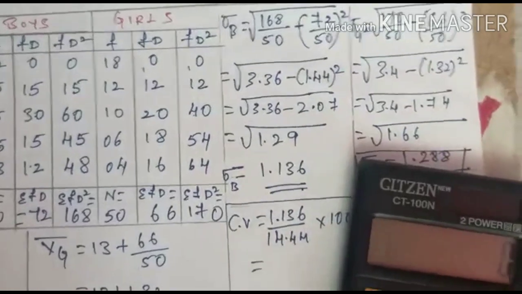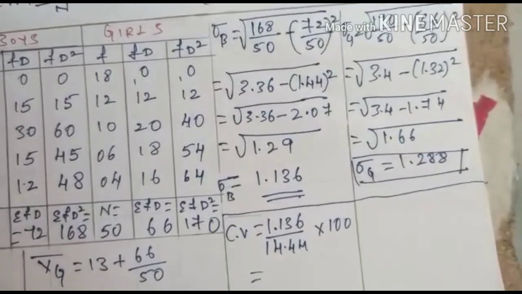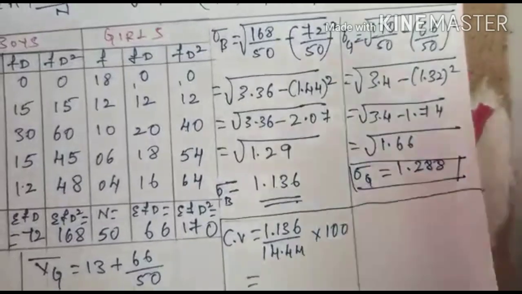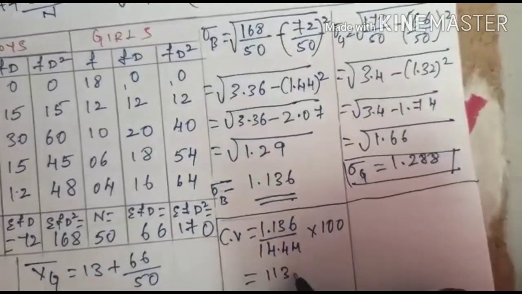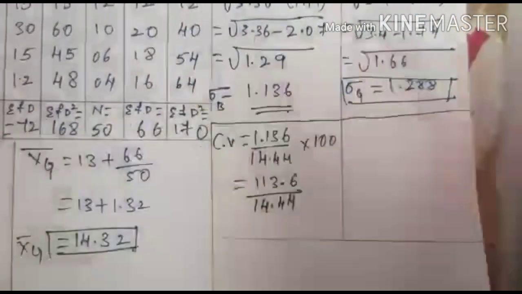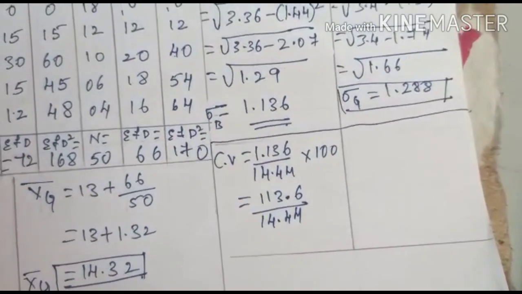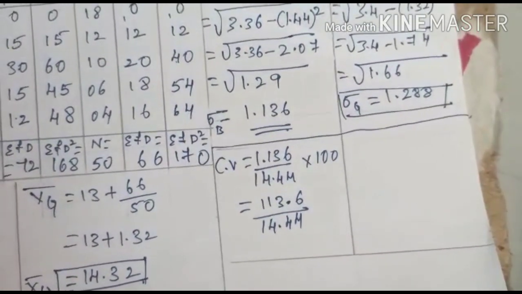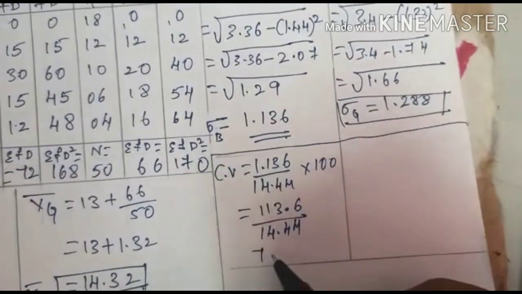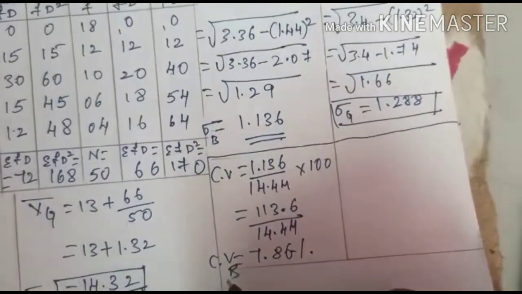So 1.136 into 100 gives 113.6 divided by 14.44, that is 7.86%, the CV of boys.